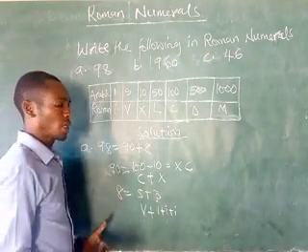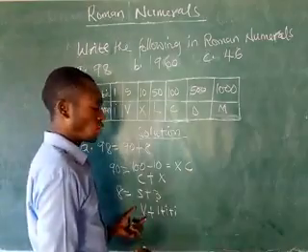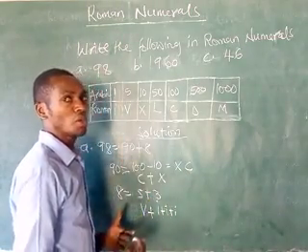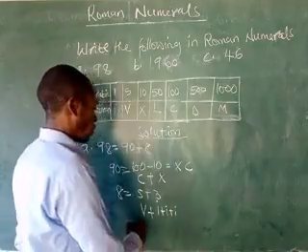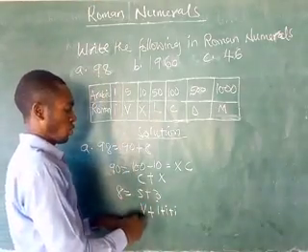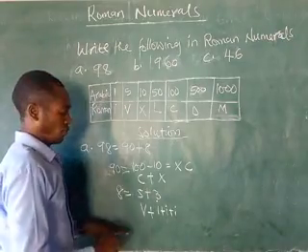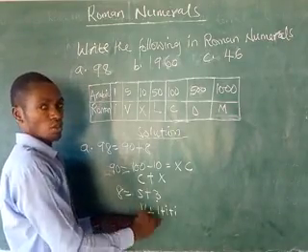And according to the rule, if you have a bigger Roman numeral before a smaller Roman numeral, what you have to do is to add. So we're going to arrange this based on the rule we gave. We'll write V first before this.